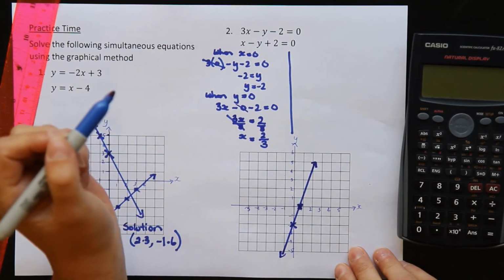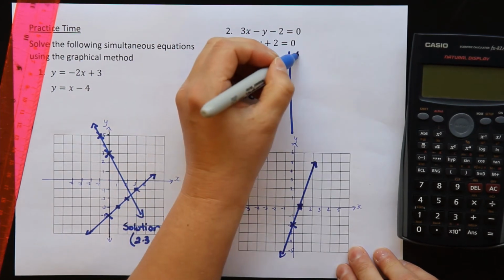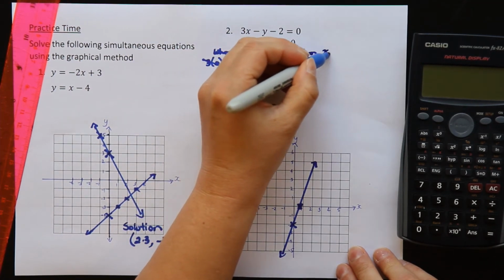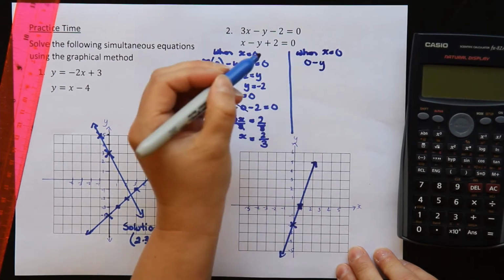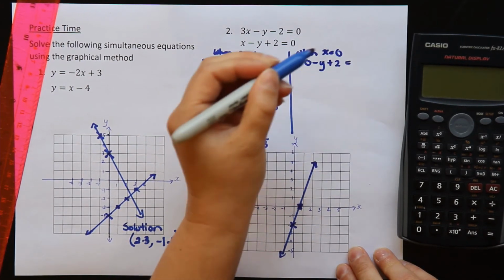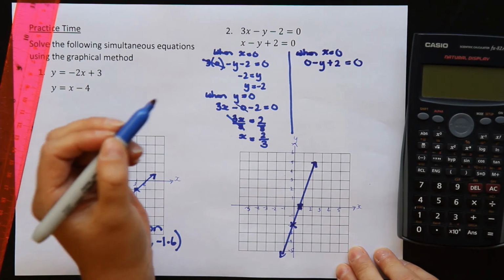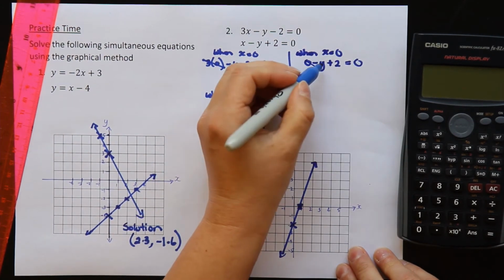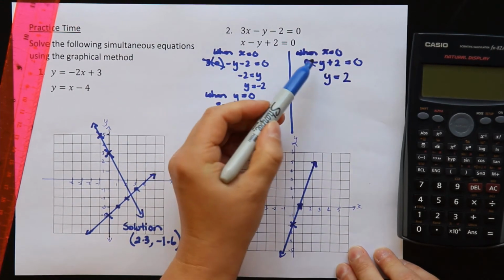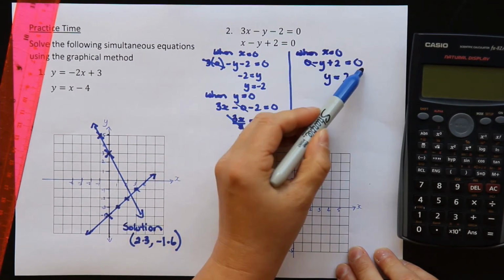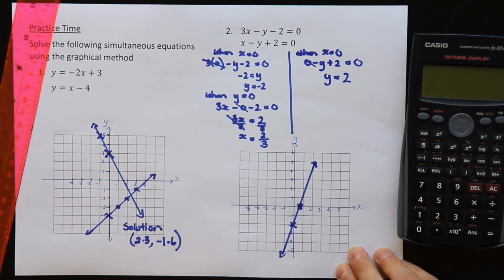Okay, looking at the second line, let's substitute when x equals 0. That would be 0 minus y plus 2 equals 0. Okay, the 0 doesn't do anything. Let's make the y positive, so y is equal to a positive 2. So effectively I've moved the y across to the other side, giving me y is equal to 2.